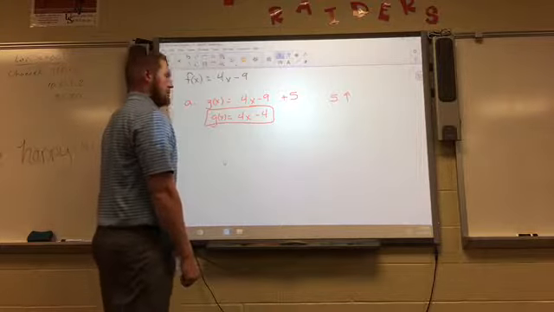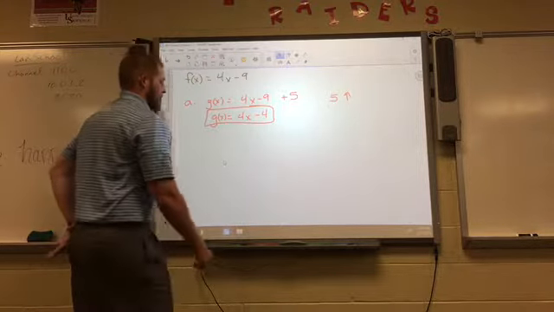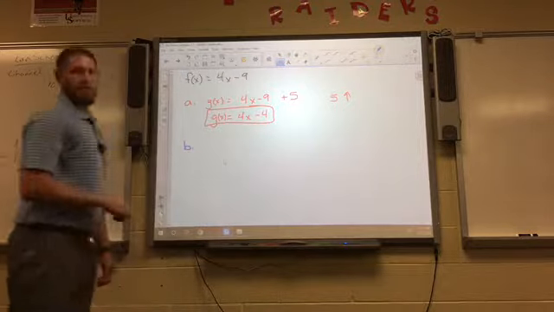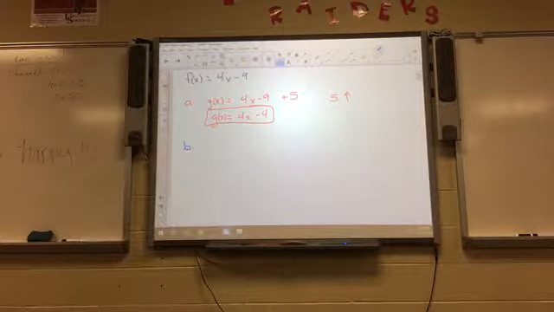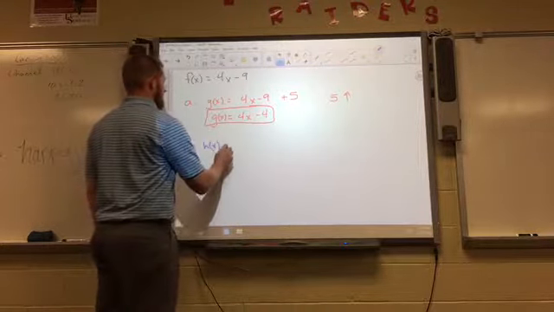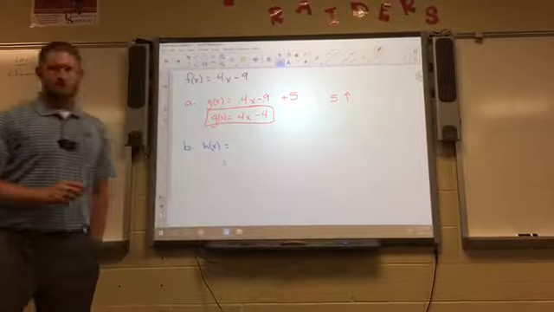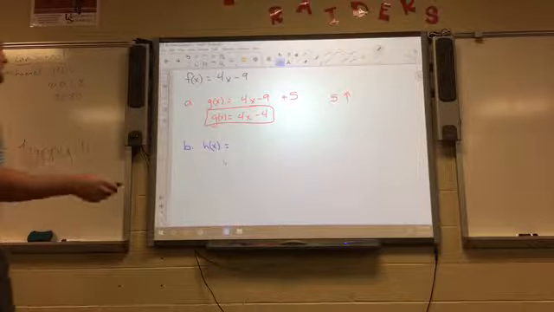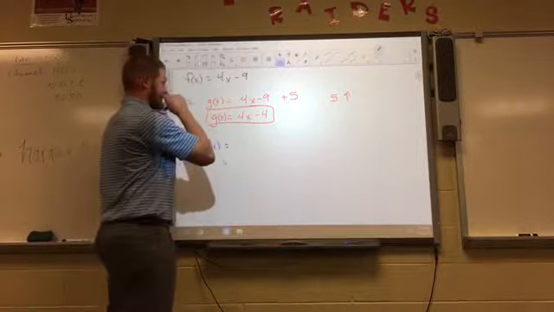Good. Okay. So part B, they are asking us, write a function h, so we're going to have h of x, whose graph is a horizontal translation 1 unit right of my original graph. Okay?